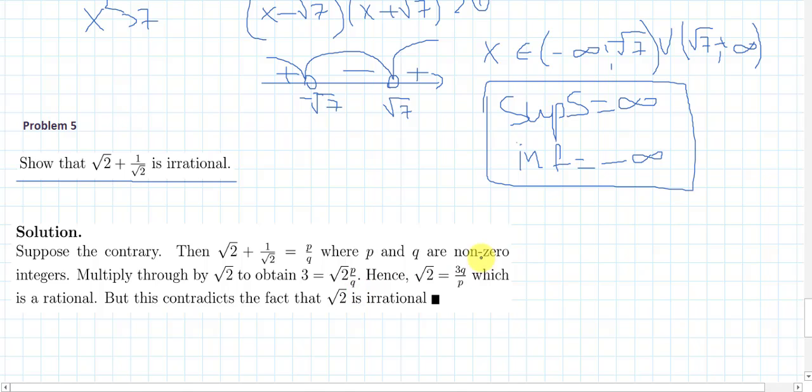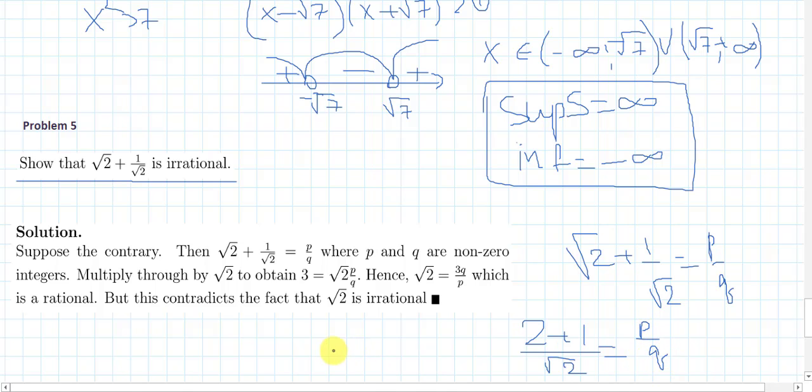In this form, yes, so square root of 2 plus 1 over square root of 2 equals p over q. And multiply through by square root of 2, we obtain that it will be 2 plus 1 over square root of 2 equals p over q.